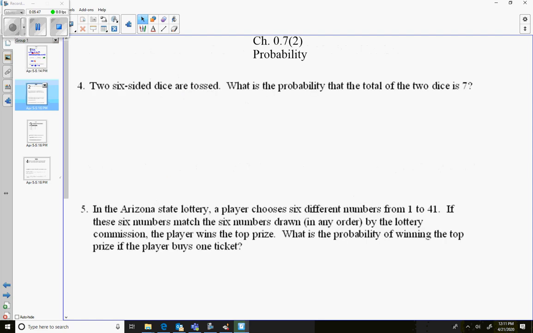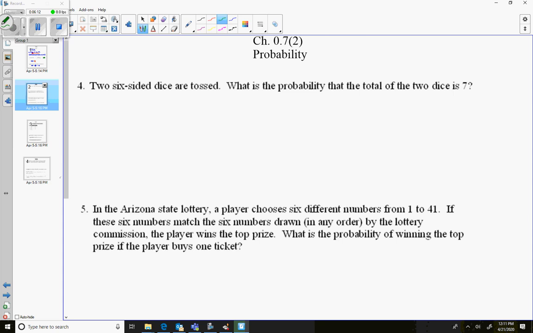Page 2. 2 6-sided dice are tossed. What is the probability that the total of the 2 dice is 7? Well, 2 dice are tossed. Again, it's assumed that you know that each die has numbers 1 through 6 on it.